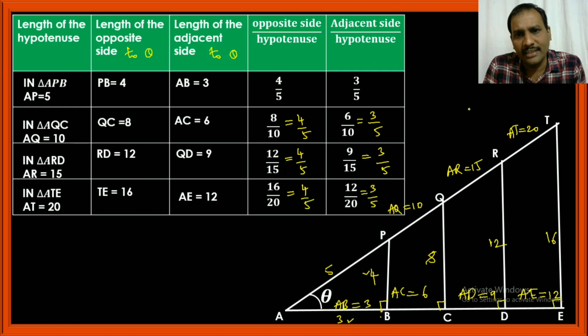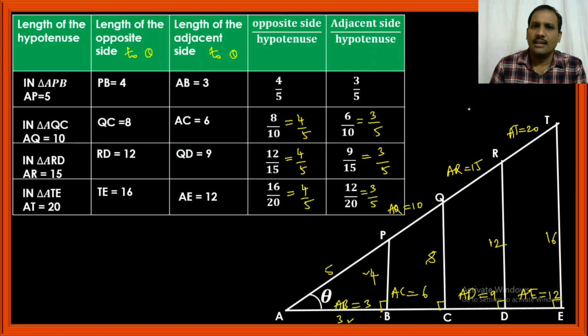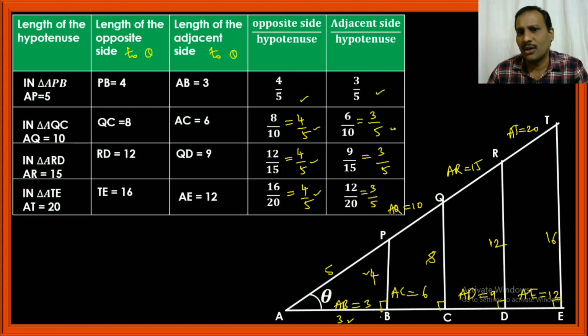Do you observe anything here? Yes. The ratio of opposite side by hypotenuse is a constant in all the 4 similar triangles, and also the ratio of adjacent side to hypotenuse is also constant in all the 4 triangles. So the relation between opposite and hypotenuse and adjacent by hypotenuse, and also if you want to consider opposite by adjacent, will also be a constant.